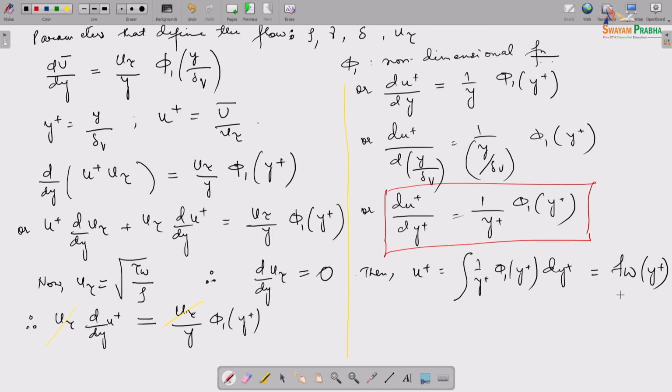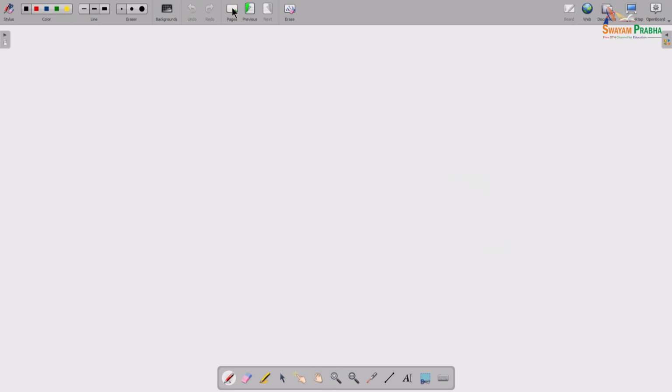Now, using that, let's look at the viscous sublayer.